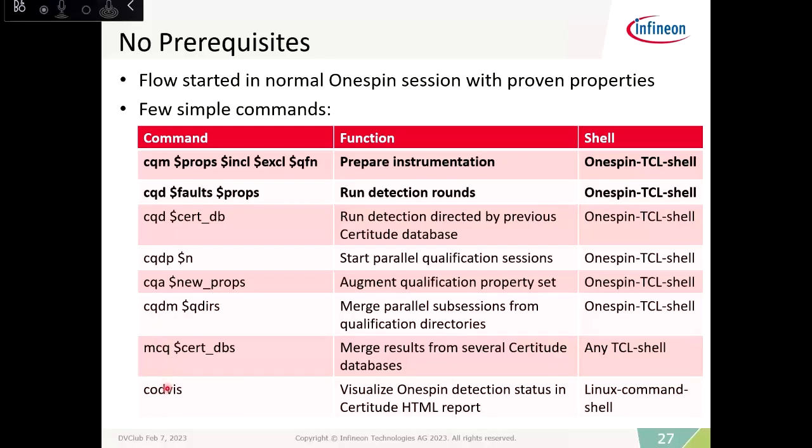So the final command, as already said, is generating a visualization of the current status or the final status. It can be run in parallel to the detection rounds, so it doesn't interrupt the detections, but just collects all the previously achieved results up to that point and visualizes them in Certitude. It's really convenient to do this in this way.